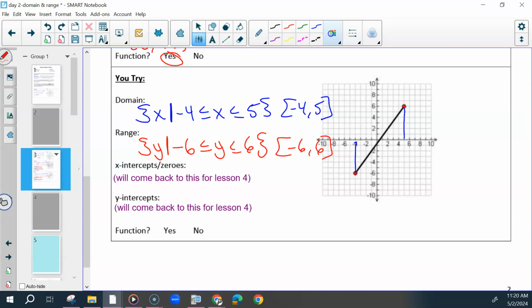Okay. x-intercepts. Does it have any x-intercepts? They're very close to the one. Yeah, so I would say you can put it in the middle, maybe half.